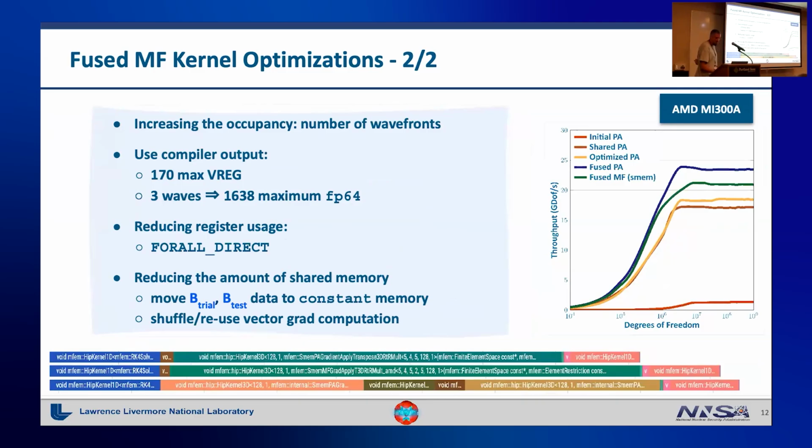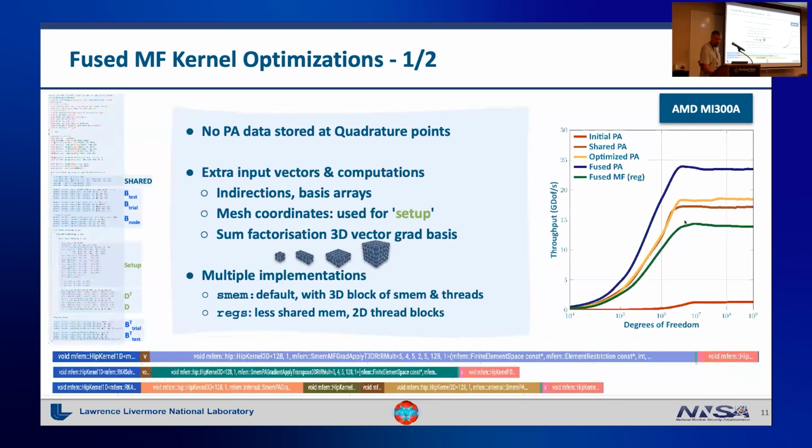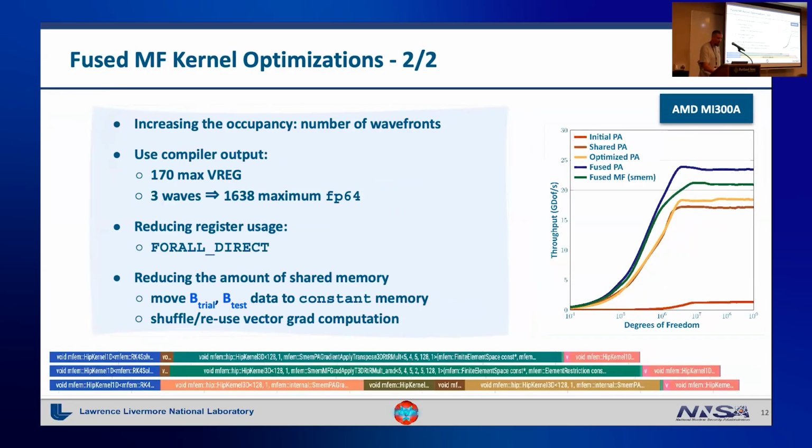Going forward, as you saw, it brings us to a level of performance that is not that great. Some extra work can be done in order to really max out the occupancy of these kernels. So this is really low level, line by line, getting the feedback of the compiler to fit 3 waves or 3 blocks of threads.